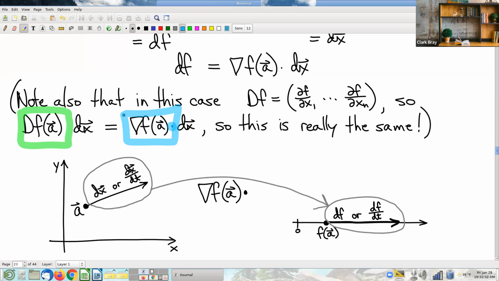It's the same process. So choose to think of it whichever way you like. I like to think of dot product with the gradient as a kind of geometrically friendly interpretation of what is actually multiplication by the derivative matrix. All right, does everybody see how they're kind of the same thing?